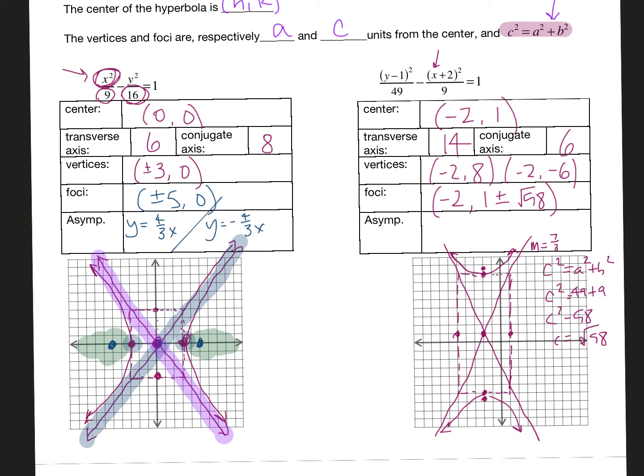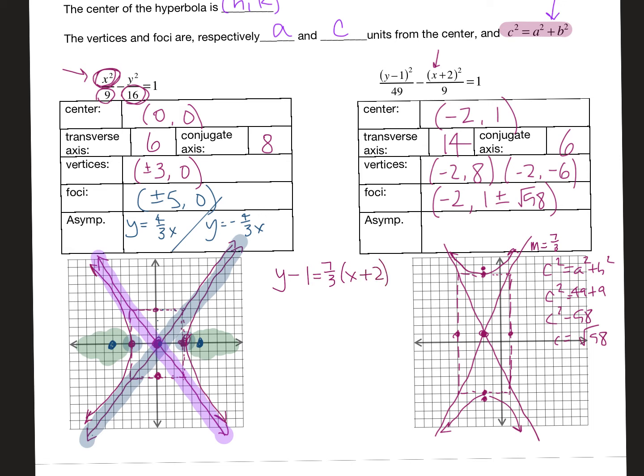I know that because that's how far I had to count from center up and to the right, 7/3. And the only ordered pair that I know that it goes through is -2, 1. So I'm going to do point slope form: y minus y is equal to m times x minus x.